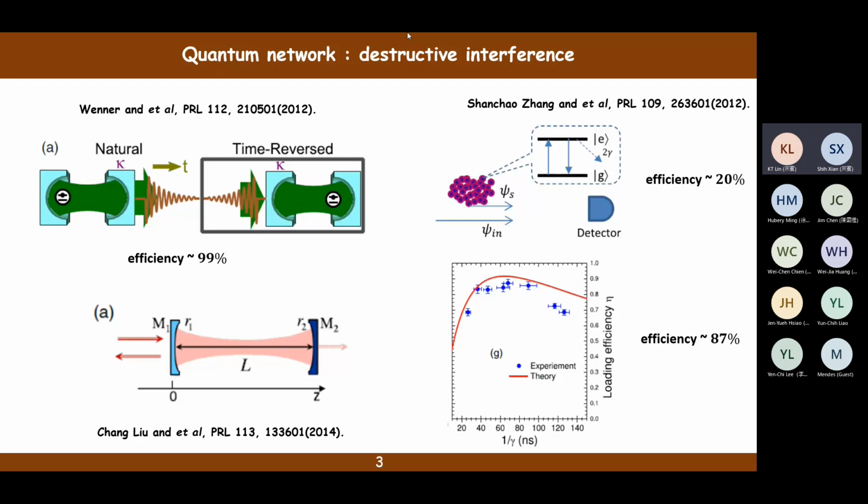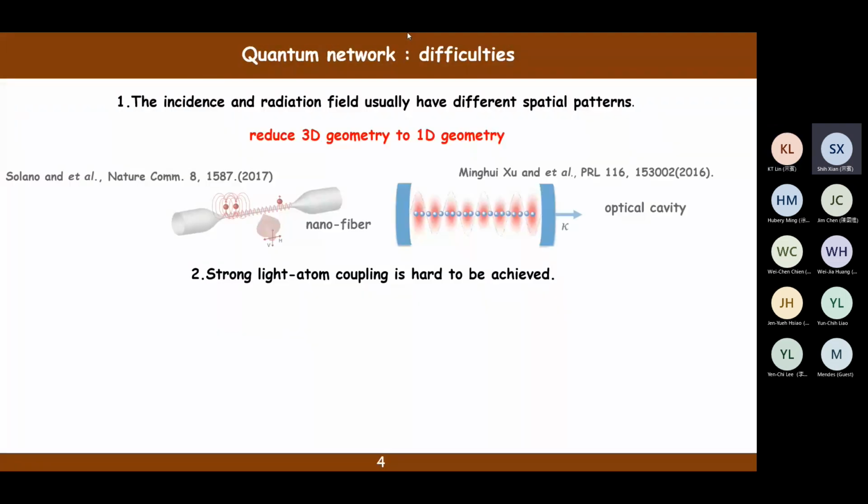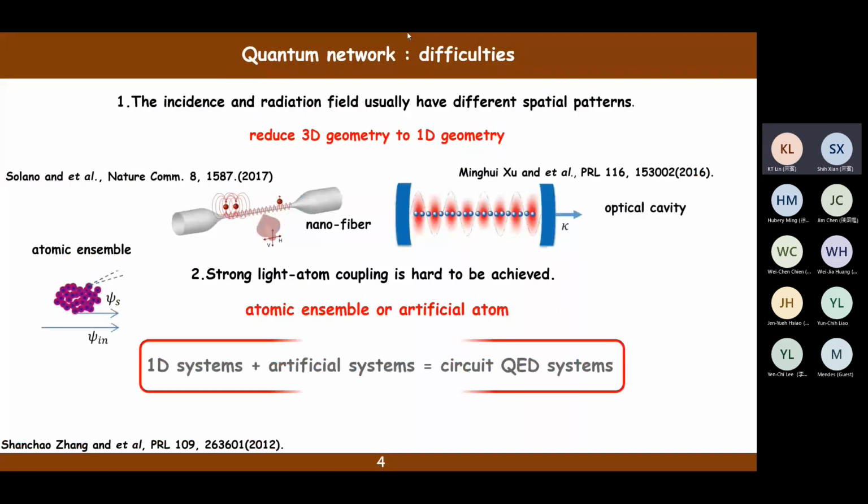In the energy perspective, we have only single photon energy. But from the viewpoint of the temporal shape of this single photon, they are totally different, because to efficiently absorb this photon you need to do some photon shaping process. As I mentioned, for a single qubit you need an exponential rising temporal profile as your input pulse.